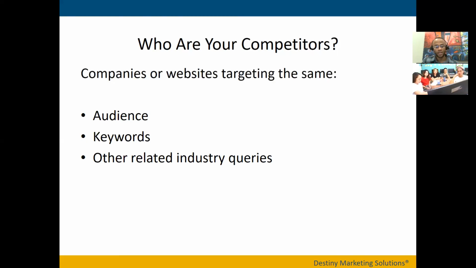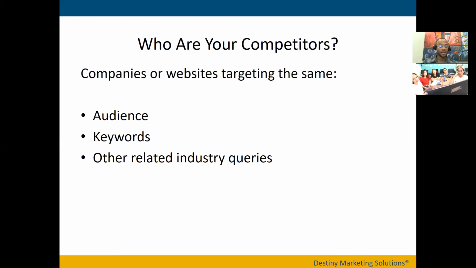Then other related industry queries. So let's say marketing automation. We've already talked about 7 Atoms, but maybe when someone is looking for marketing automation, they might have other alternatives where they don't even go to a service. Maybe there's a done-for-you service out there, or a training where they learn how to bring marketing and automation in-house.